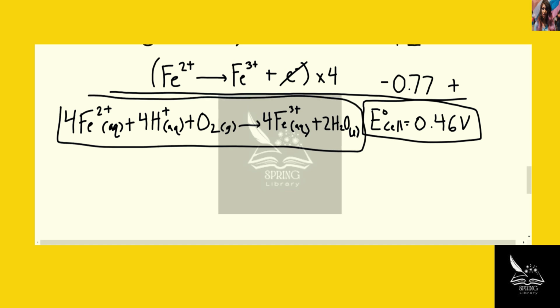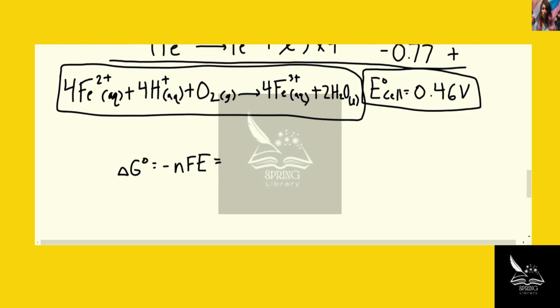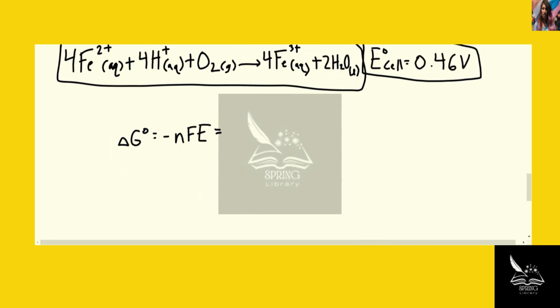And now, since this reaction occurs, we need to calculate delta G as well as K. Again, delta G at standard conditions is equal to negative nFE. This time, we have 4 moles of electrons that we canceled out, so n is 4.